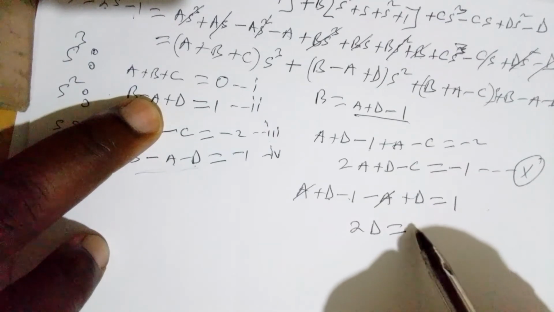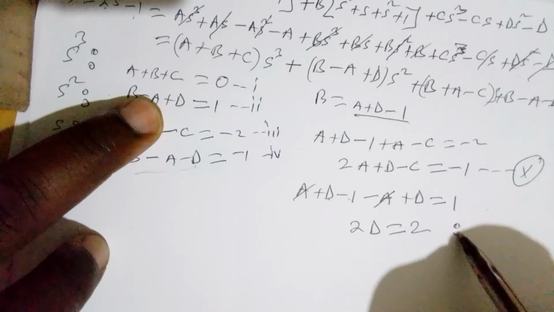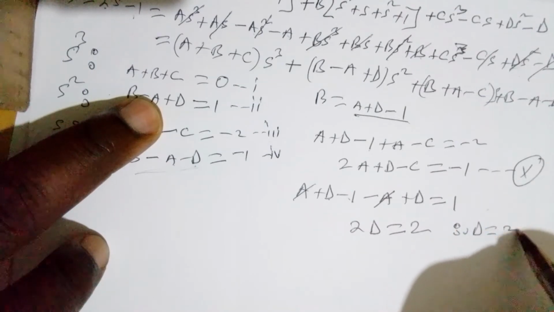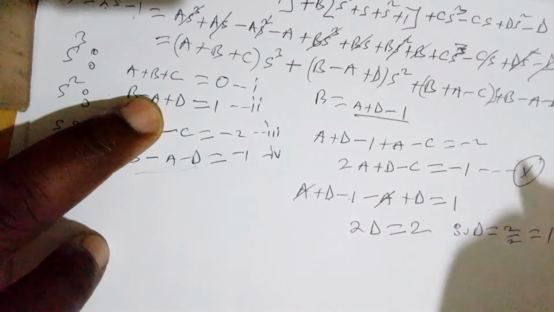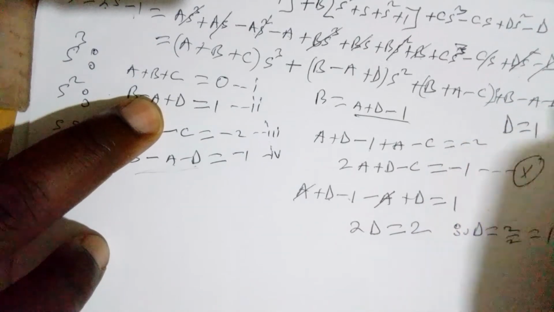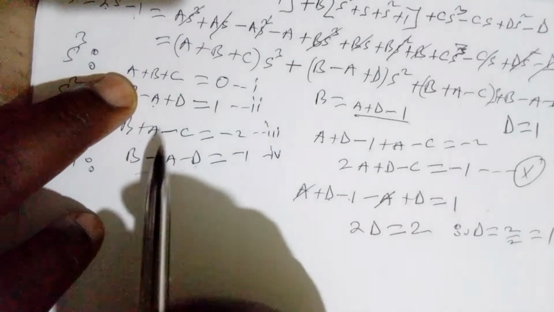Positive. So which is now 2. 2d equals 2. Therefore, d equals 2 over 2, which equals 1. d equals 1. That's fine. We have the value of d.